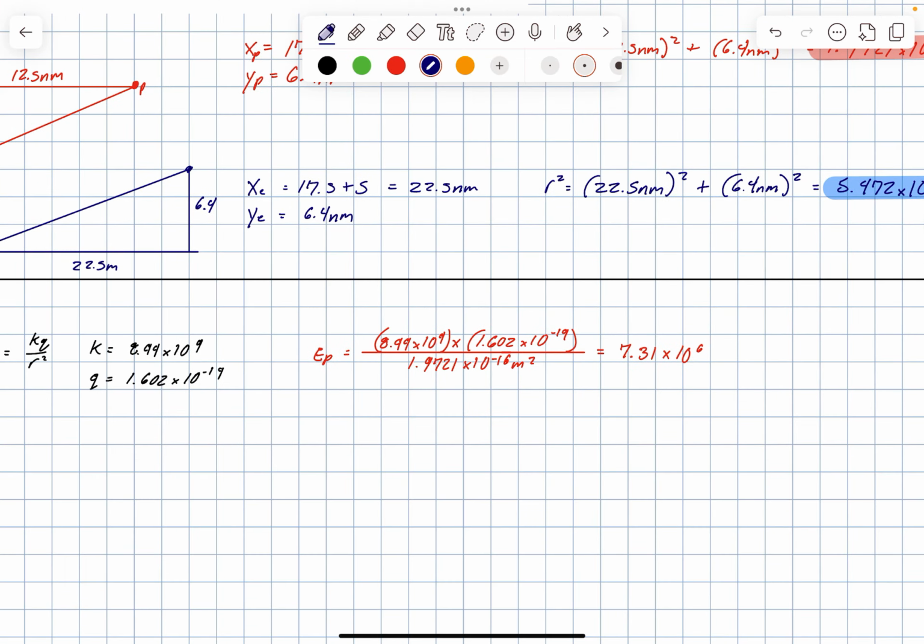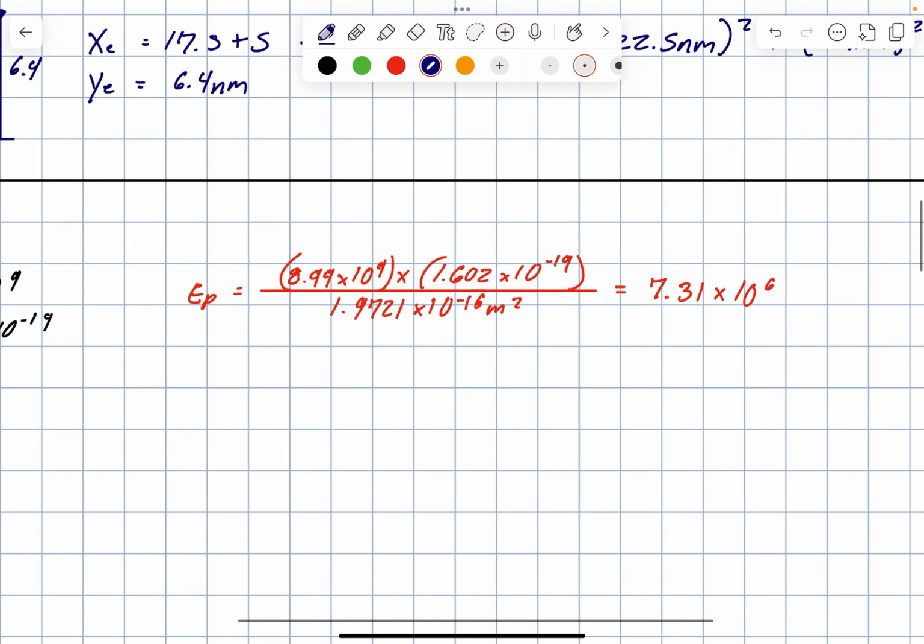So now we're going to do the same thing, but with our electron. Again, electric field for our electron. We should have the same numerator, since everything in our numerator is just constant values. So again, 8.99 times 10 to the 9th.